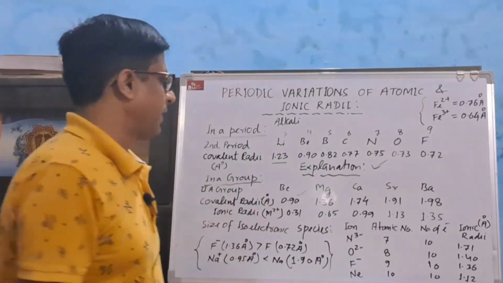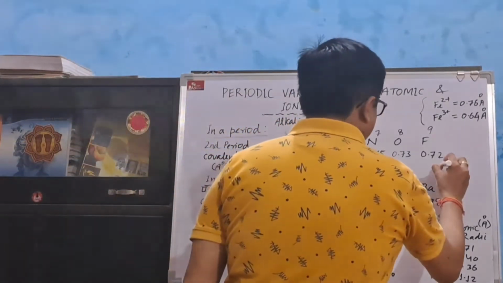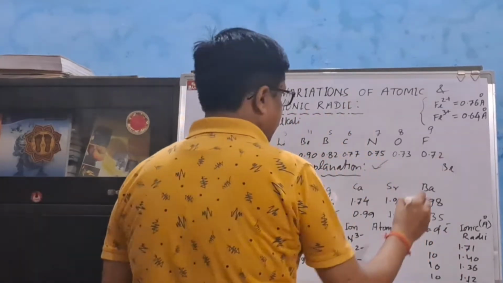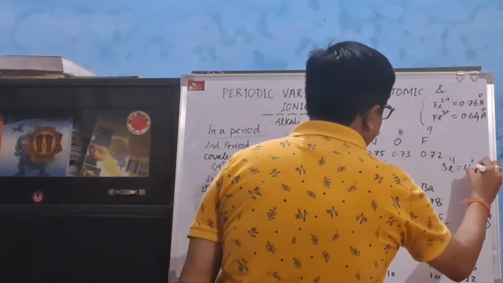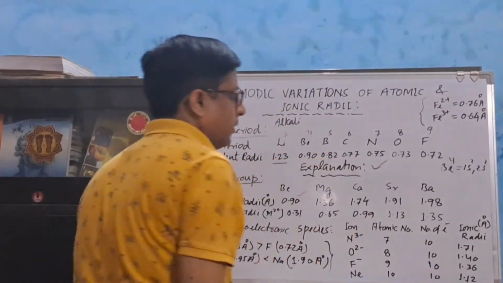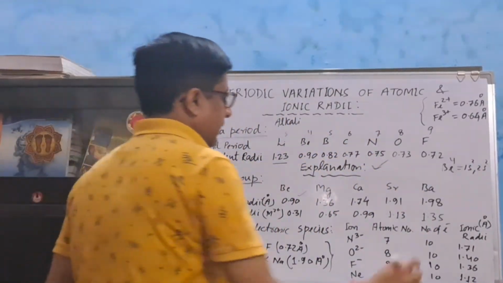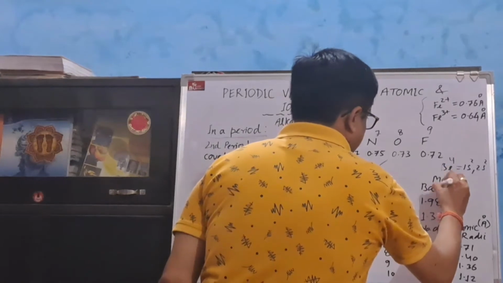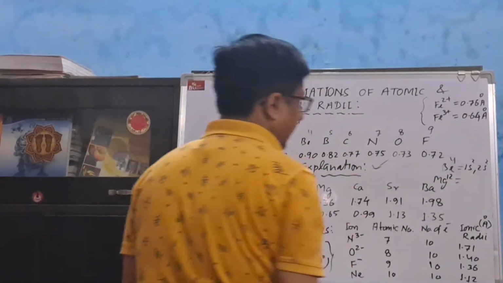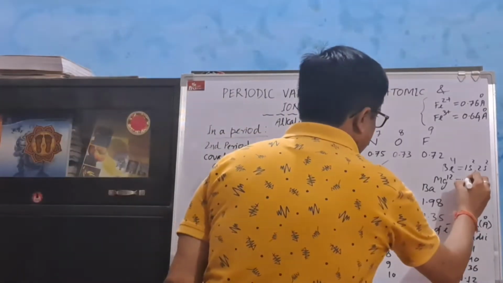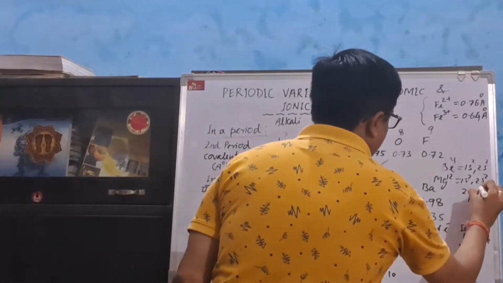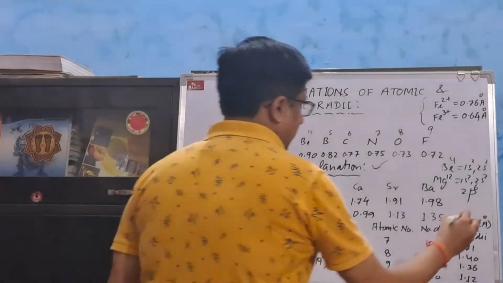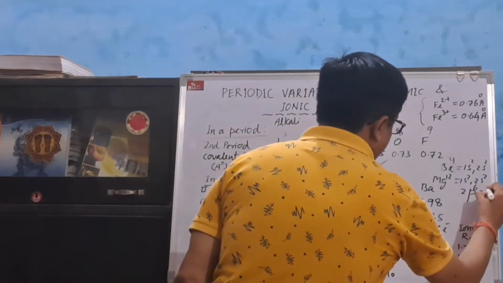For example, if we consider beryllium, it has atomic number 4 and its configuration is 1s2, 2s2. In case of magnesium, it has atomic number 12 and its configuration is 1s2, 2s2, 2p6, 3s2.